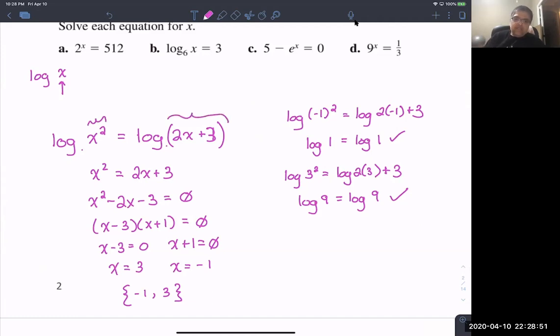Okay. So when I go back and check, number one, I got to make sure both sides equal each other. So in this case, log 1 equals log 1 or log 9 equals log 9. And moreover, I have to make sure that all of the laws of logarithms are upheld. That means what you're taking the log of cannot be negative, right?